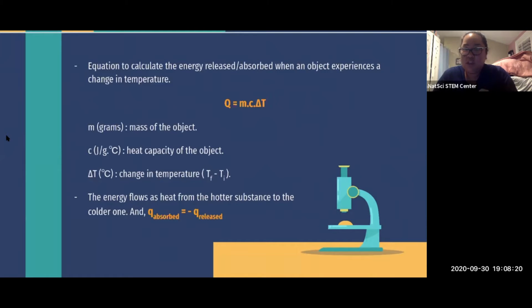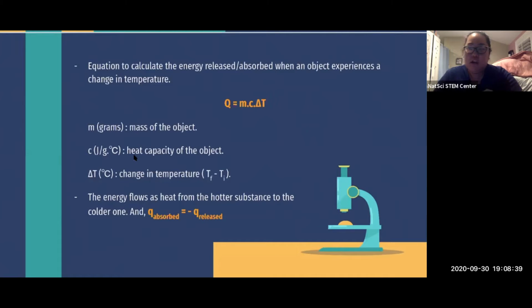C, your specific heat capacity of the object, is in joules over grams times degrees Celsius. And your delta T is in degrees Celsius, so T final minus T initial.